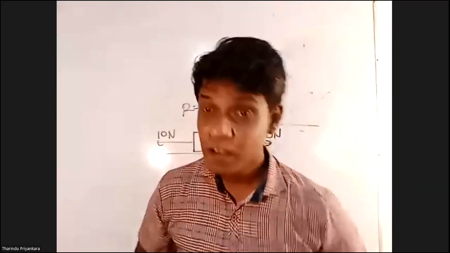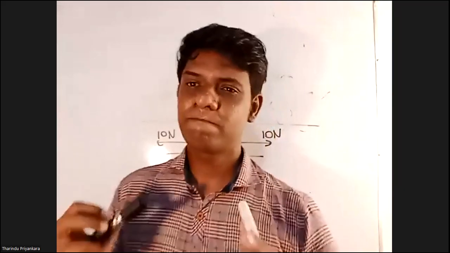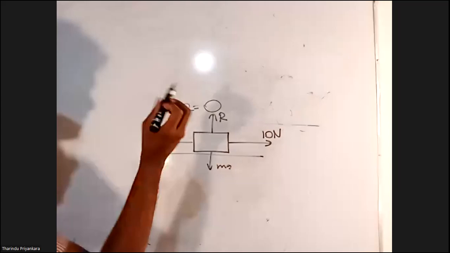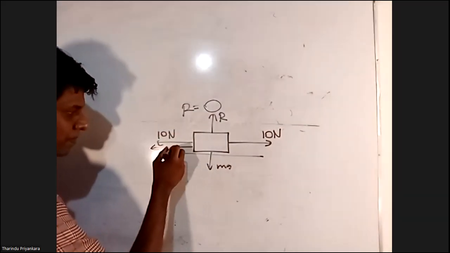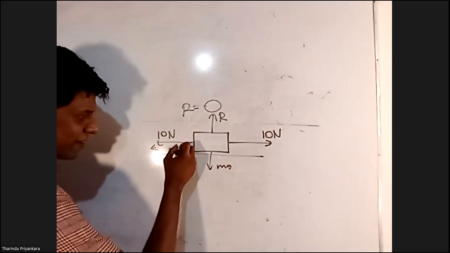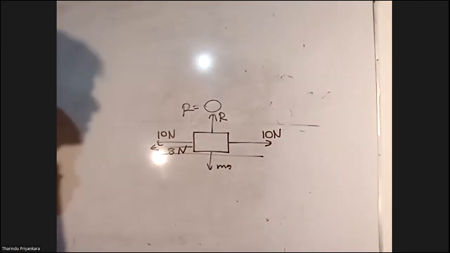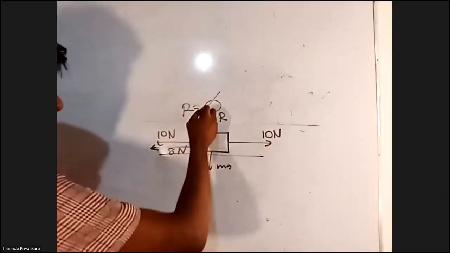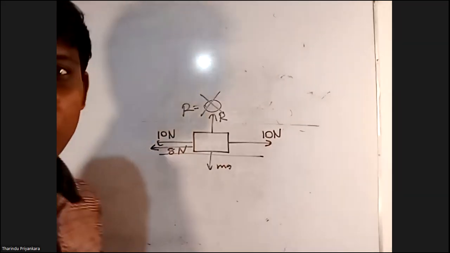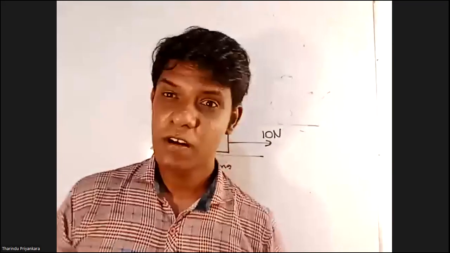That's great. But if you provide another 8 Newton to the left hand side, what is the resultant going to be? It is no longer 0. What is the resultant?